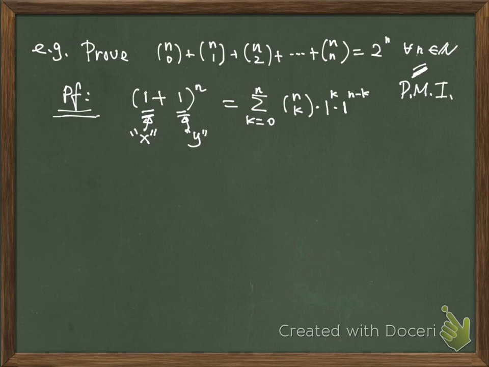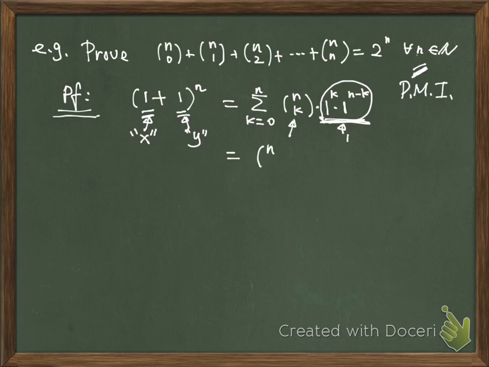The key is any powers of 1 would be just 1. So these two terms are both 1s. 1 times 1 is still 1. Altogether, these will be 1, no matter what the value of k and what the value of n is. Therefore, the right-hand side can be really just expanded by plugging k values into this coefficient here.